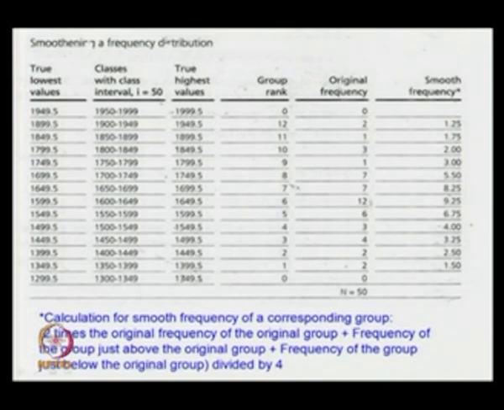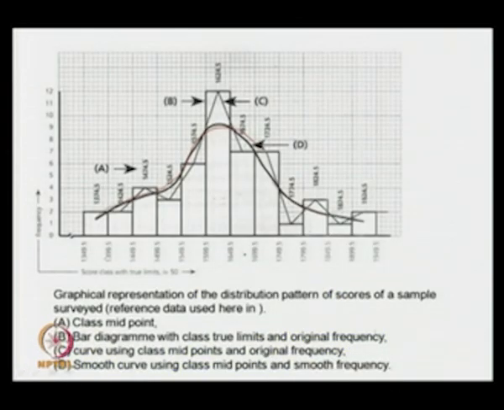The calculation for the smooth frequency of a corresponding group is: 2 times the original frequency of the original group, plus the frequency of the group just above the original group, plus the frequency of the group just below the original group, divided by 4. This will be the smoothing points. Using these details, the smoothing of the curve is made and shown here.